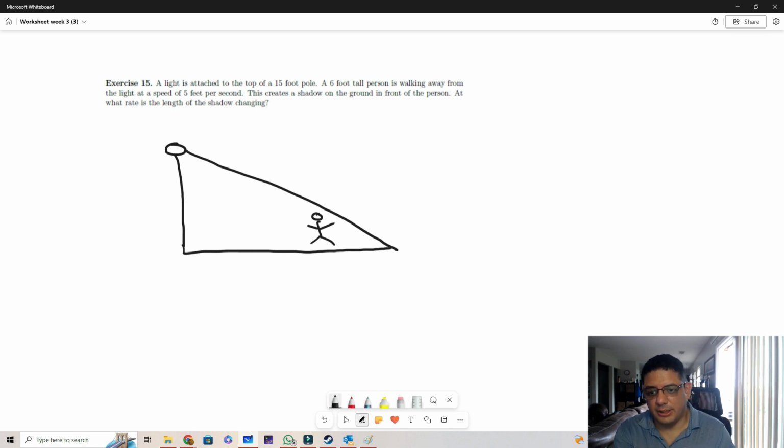Okay. So first of all, let's search for some information. So this is a 15-foot pole. So let's make a triangle with the two heights.